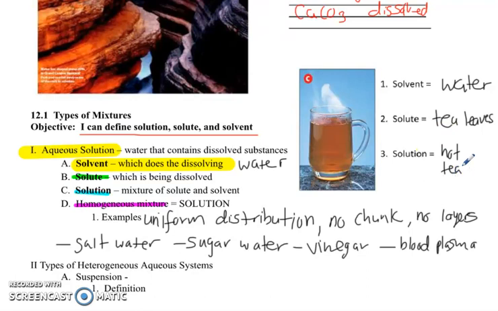Does anyone like to add sugar to their hot tea? Honey? Okay, sugar. So hot water. Hot water. Thank you. Tea leaves, and maybe you're putting some kind of honey or sugar in there too. That would be one of the solutes. So honey. Let's just say it's a physical change.